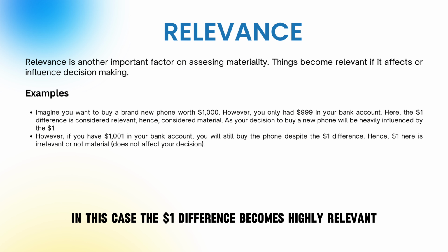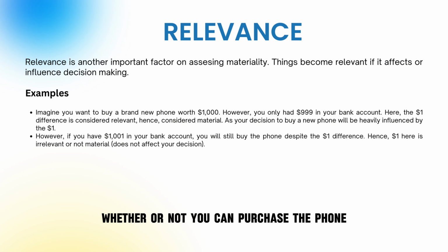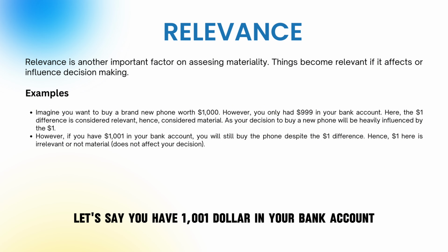In this case, the $1 difference becomes highly relevant because it determines whether or not you can purchase the phone. The small amount is material in this context because it influences your decision. Now, let's say you have $1,001 in your bank account.